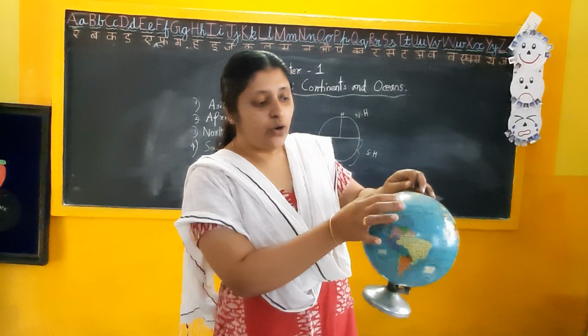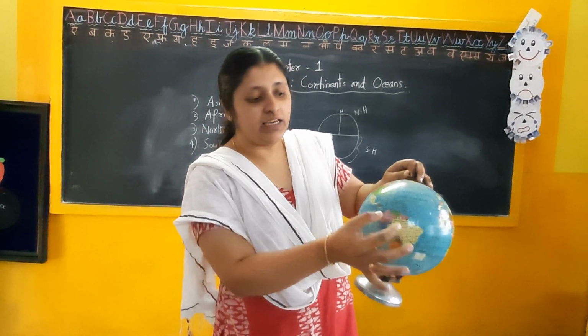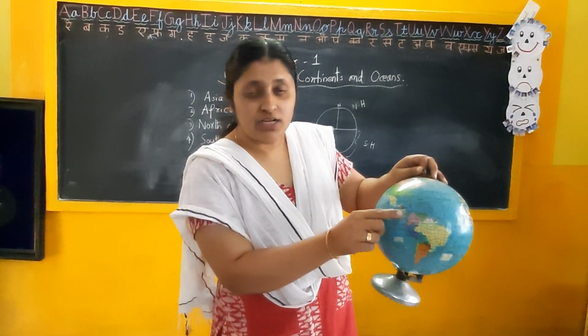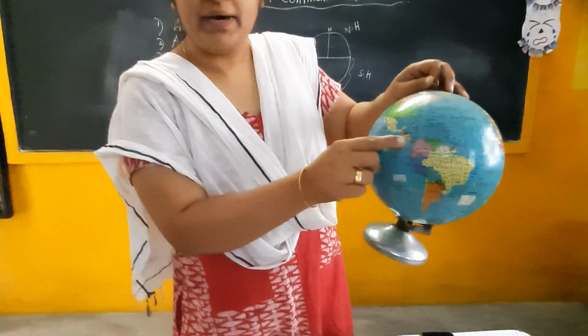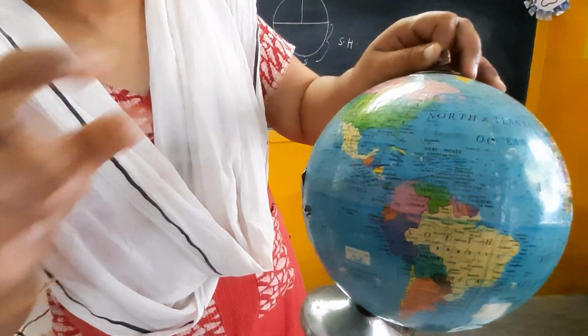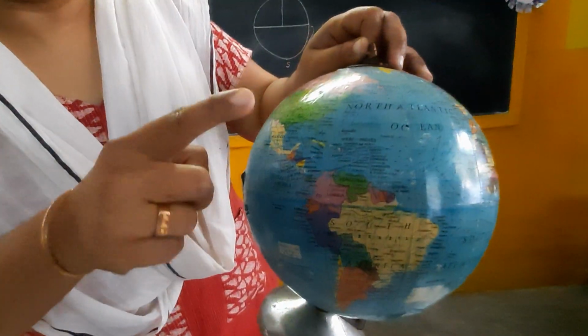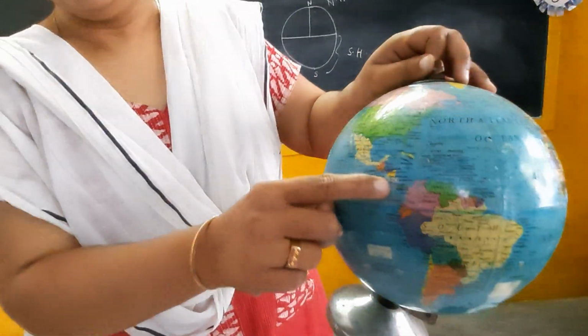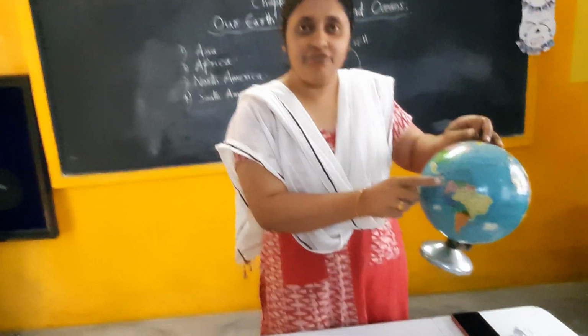North America and South America are joined together in this part, which is known as the Isthmus of Panama. It is a narrow land that joins North America and South America.